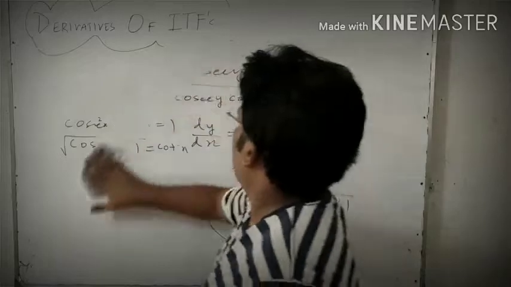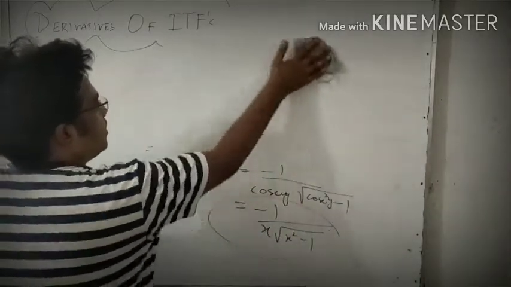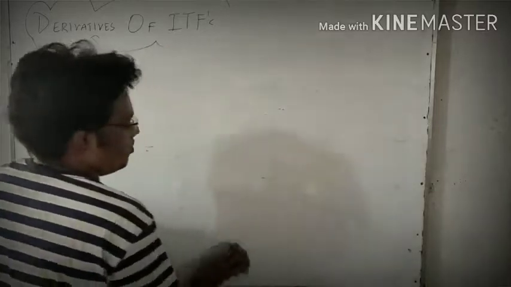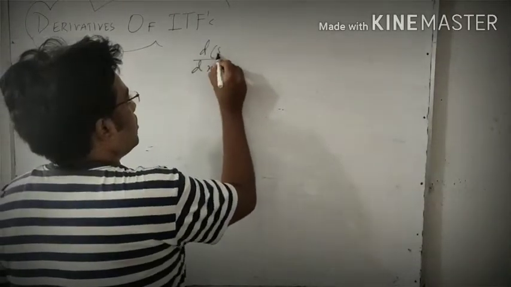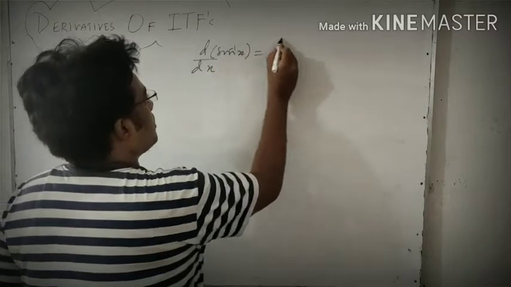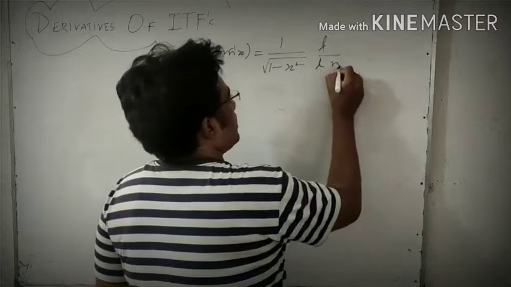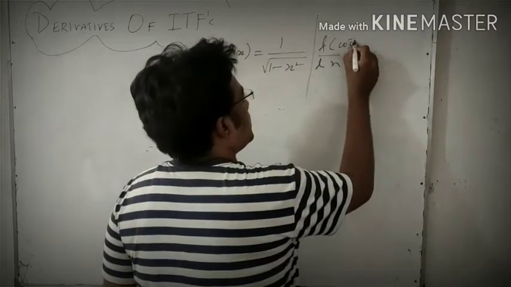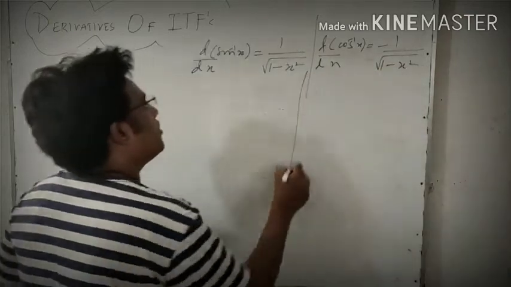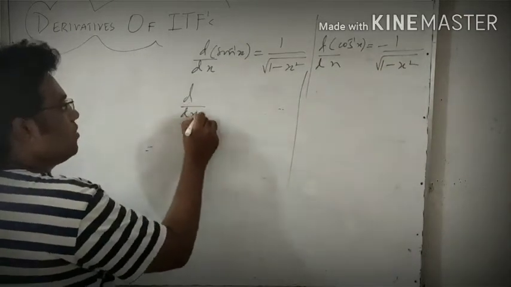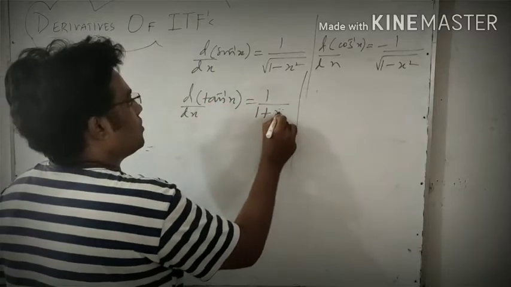So it is mandatory to learn all these formulas. As I said, these are as important as learning sine, cos and everything. The derivative of sine inverse x is 1 by root of 1 minus x square. D by dx of cos inverse x is just minus of that. D by dx of tan inverse x is 1 by 1 plus x square.